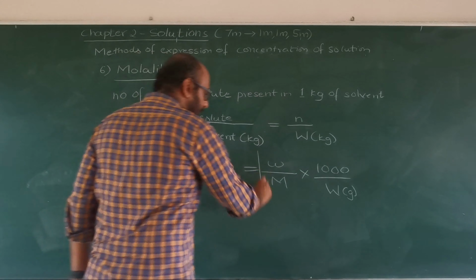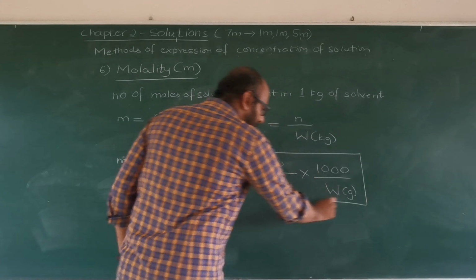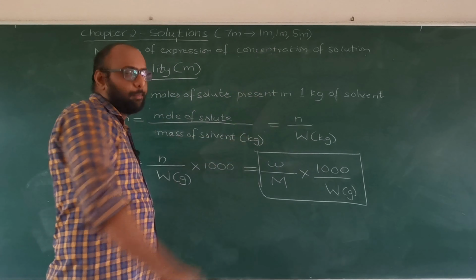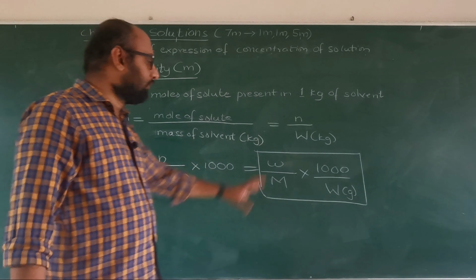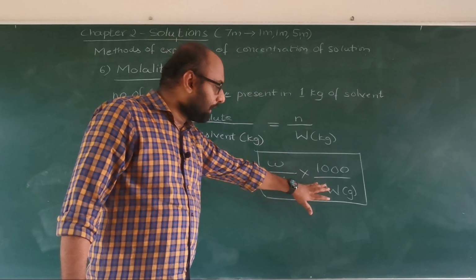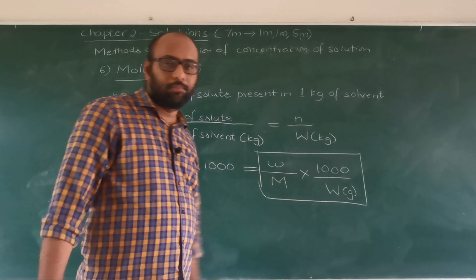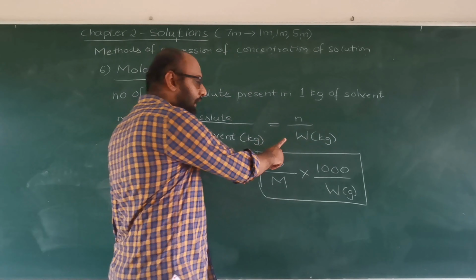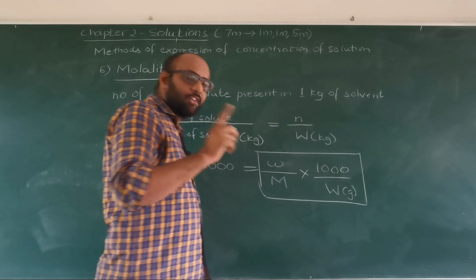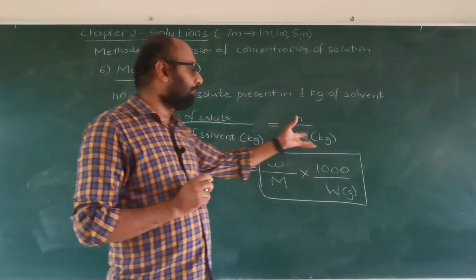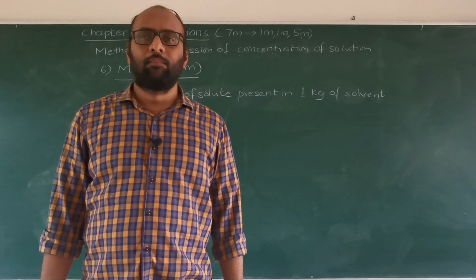So this is the final formula for the calculation of molality. This is the formula if the mass of the solvent is given in grams, and this is the formula if the mass of the solvent is given in kilograms.